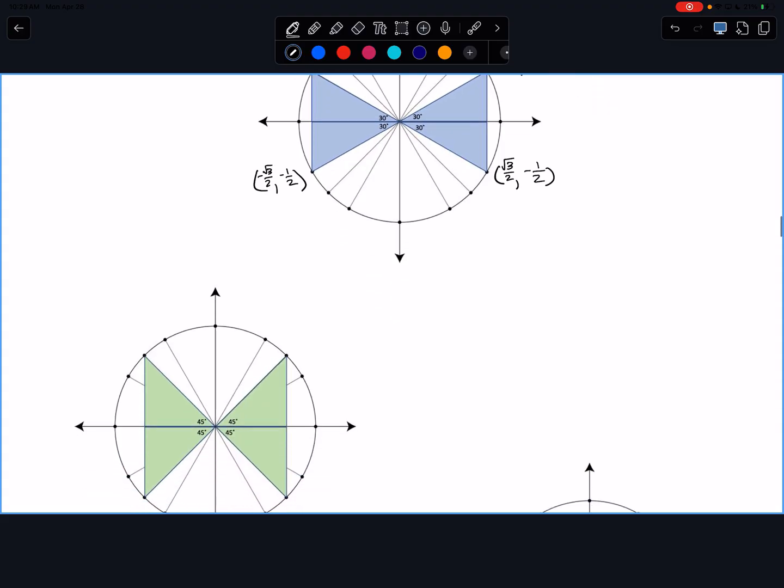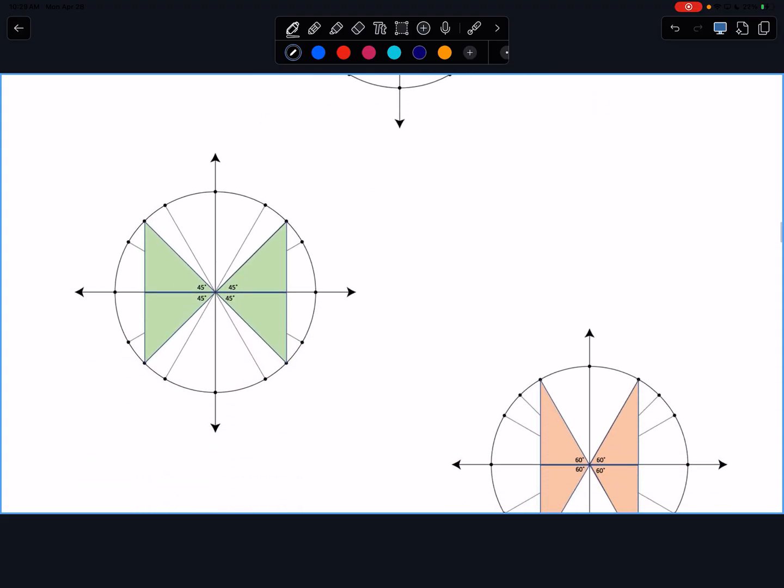How about 45, 45, 90? What family is that? Pi over 4, because you're cutting that 90 degree in half, okay? So that is square root of 2 over 2, square root of 2 over 2. And then you can negate as you go around. So negative square root of 2 over 2, positive root 2 over 2.